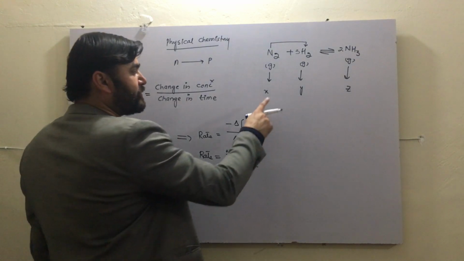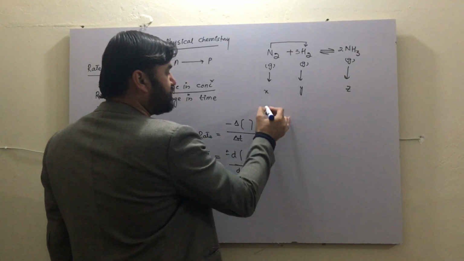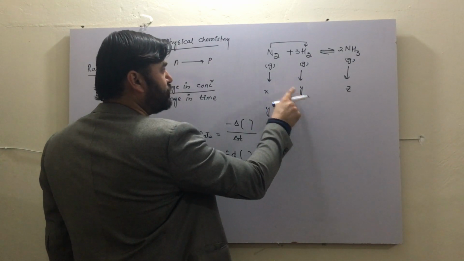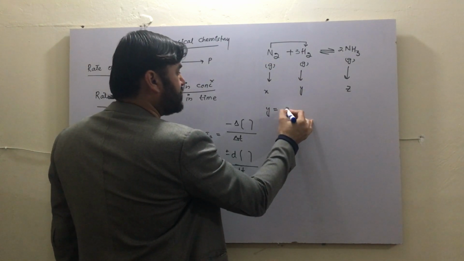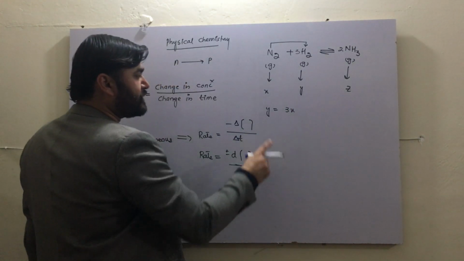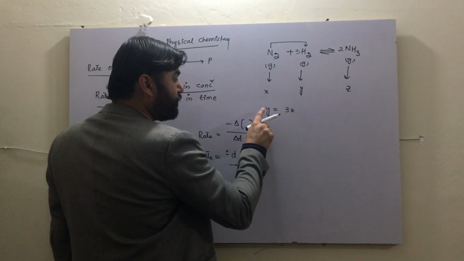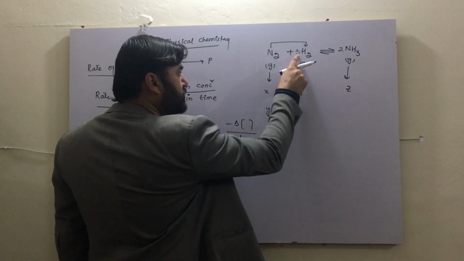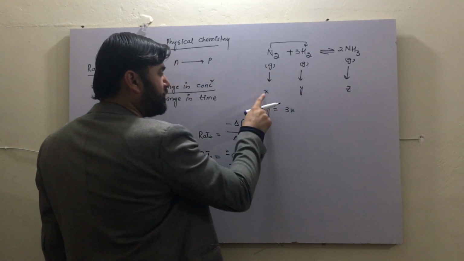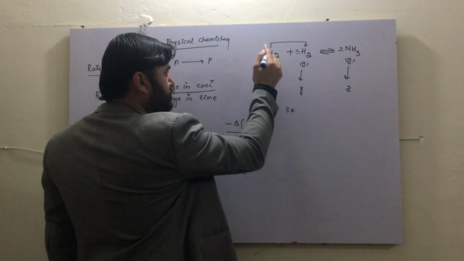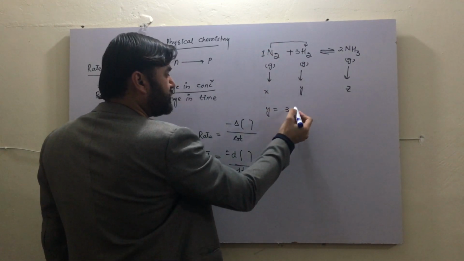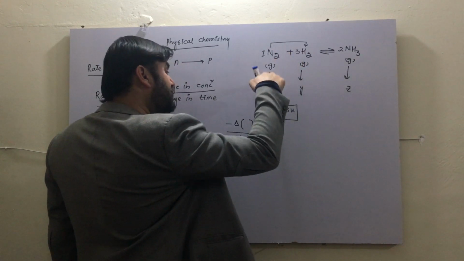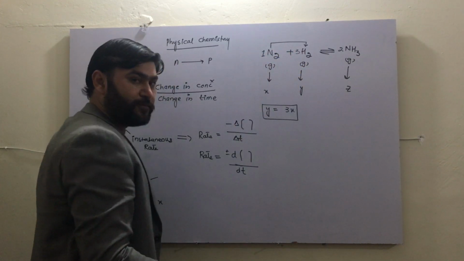If we want to compare these two, we can say that Y is equal to 3x. Why 3x? Because at the same time, if you compare x and y, hydrogen has coefficient 3 and nitrogen has 1. So the rate of disappearance of hydrogen is 3 times greater than the rate of disappearance of nitrogen.